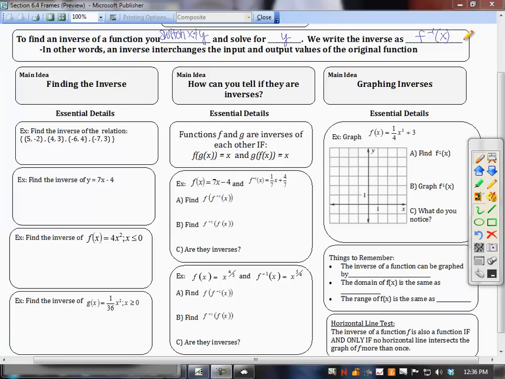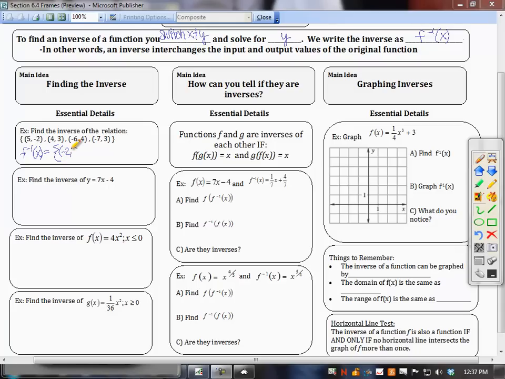Okay, so we're going to walk through a couple, and I'm going to start with column number 1, in order to determine inverses. Now, the first one is the easiest of all of them. If I give you a set of points, the inverse is the switching of x and y. So this new inverse, which I'm going to say f inverse, is, and I'm going to write those brackets because it's signifying a set of points. And then my new inverse points are going to be switched.